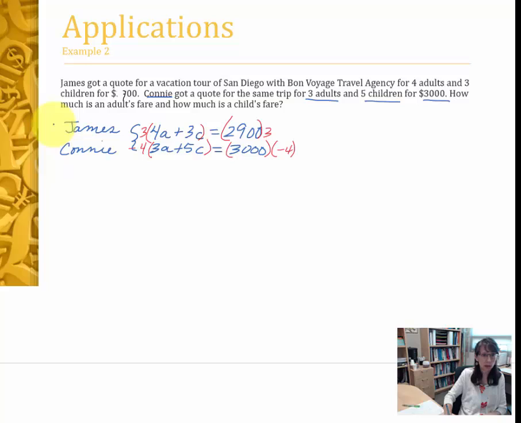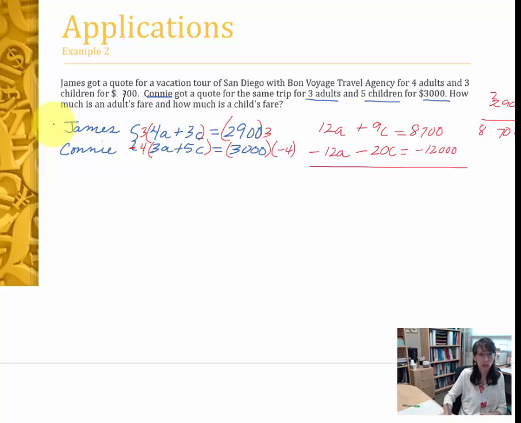So our new equations become 12a plus 9c equals 2,900 times 3, 8,700. In the second equation, I'm going to distribute this -4, so I'll have -12a, and -4 times 5c would be -20c, and then multiplying 3,000 times -4 would be -12,000.